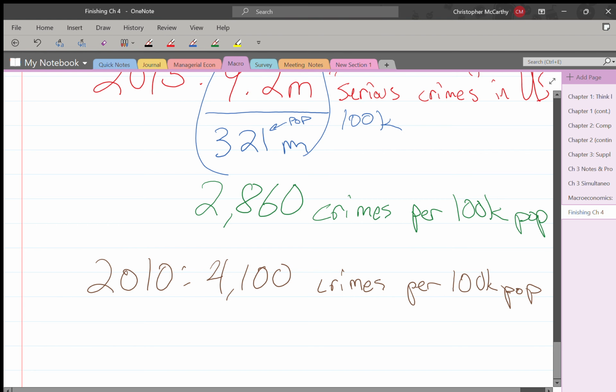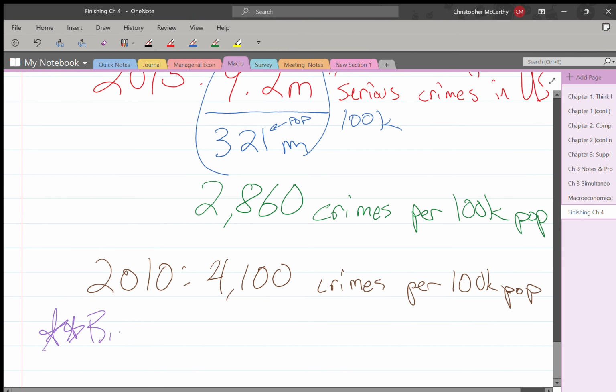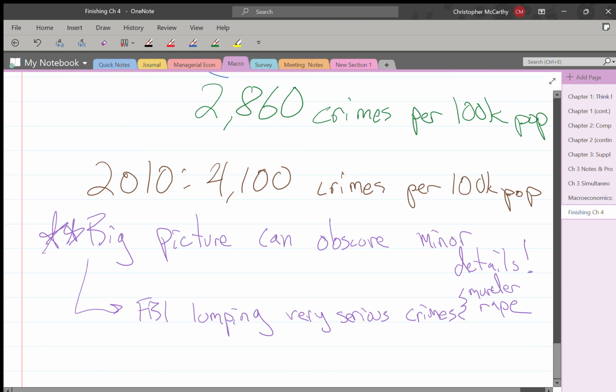But the big picture can obscure minor details. So the FBI is lumping together very serious crimes, such as murder and rape, with serious crimes, but not as serious.